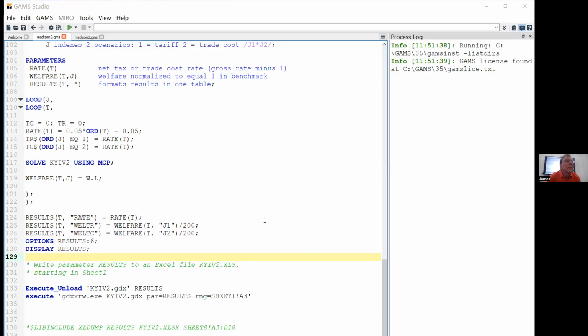I guess you would divide it by 200, so you could normalize to 1. Yes, correct. And the second comment was that 200 is the no tax level of welfare. Yes, so the second comment is correct.